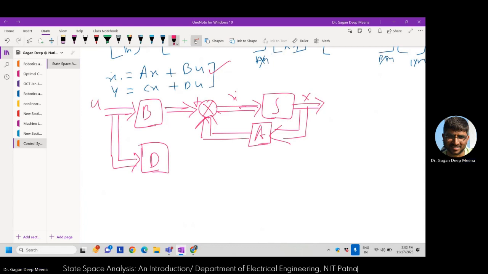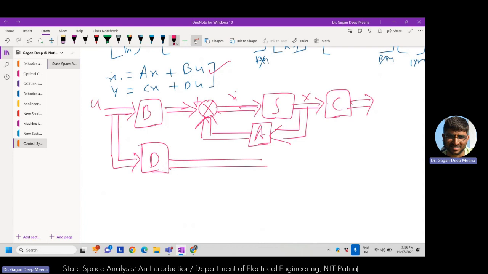Now this one equation is sorted, and then I also have the usage of x somewhere else. It is getting multiplied with c, so x will be getting multiplied with c here. Then it goes out, and as I know that cx is getting added with du, du I have here in the second part of this branch, which is coming out from the input side.